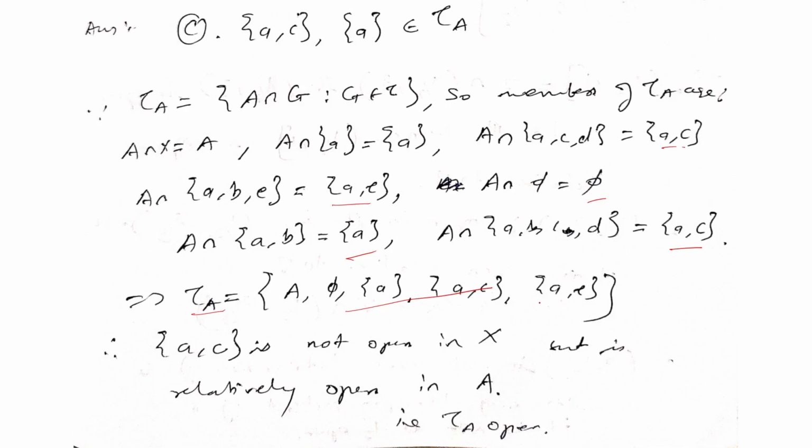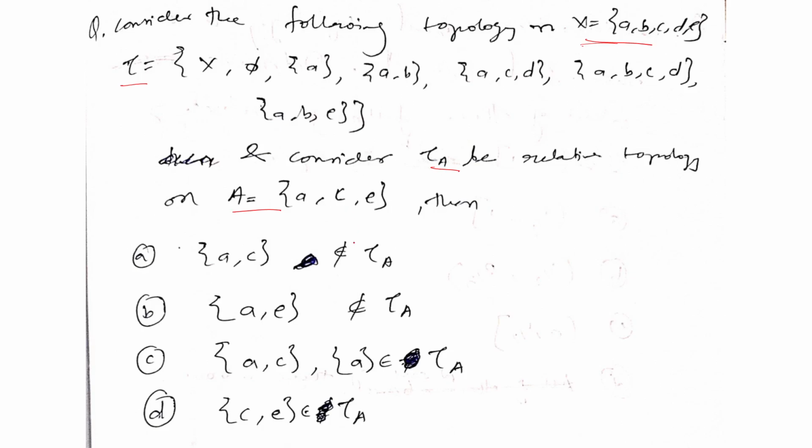According to that, the options AC and A are there in tau A. Other options will not be there, because this belongs to tau A, this also belongs to tau A, and this is there, and this does not belong to tau A.